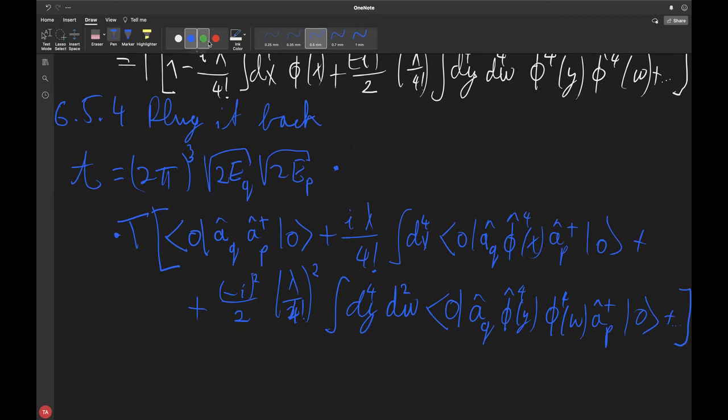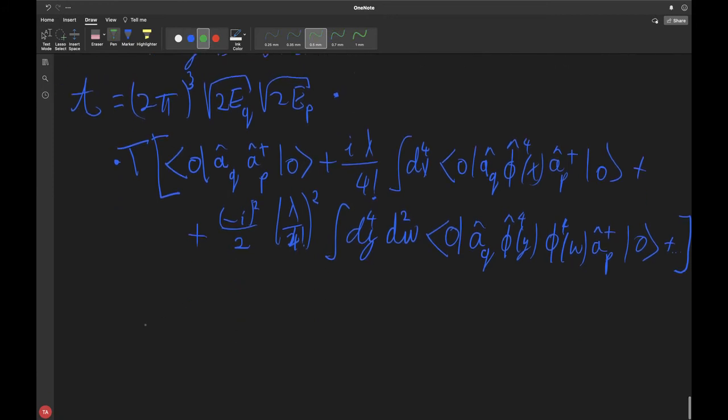In the next step, 6.5.5, we will use Wick's theorem.